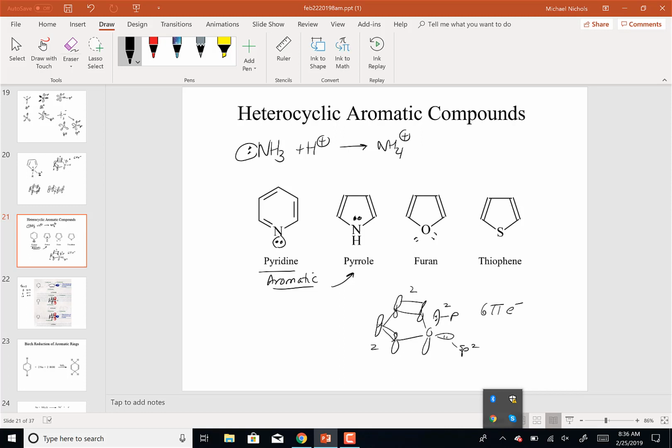What about pyrrole? Well, if I looked at pyrrole, I would say, yes, that nitrogen has a lone pair, but then I have to ask myself, can that lone pair be used to bond to an H+? If that lone pair is part of the pi system that's making the system aromatic, it is not available to bond a proton.